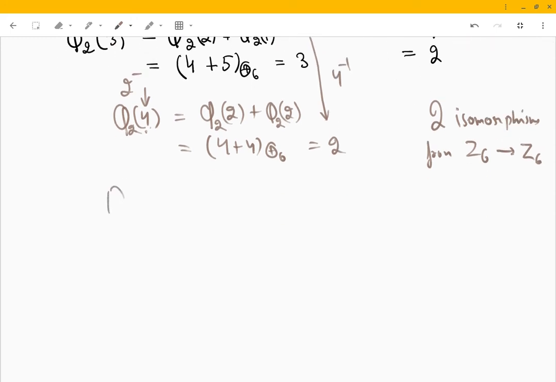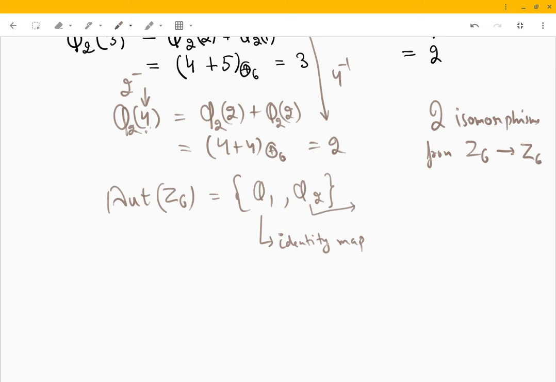That our Aut Z6, the group that is supposed to contain all the isomorphisms from Z6 to Z6, will have two elements, phi1 and phi2, where phi1 is the identity map. Map is also a function, if you remember. So just the identity function. And phi2 is the second isomorphism that we found.